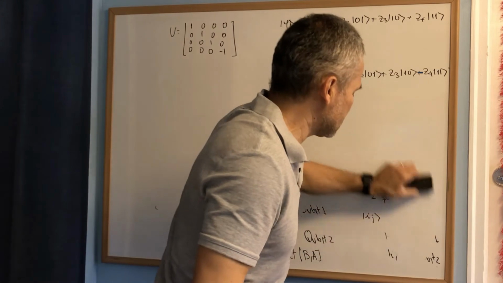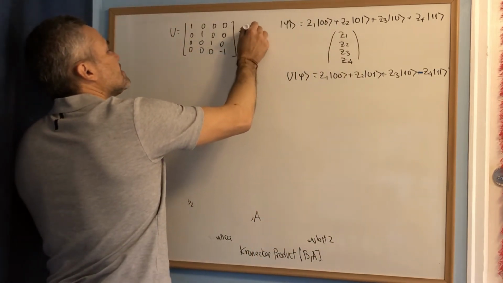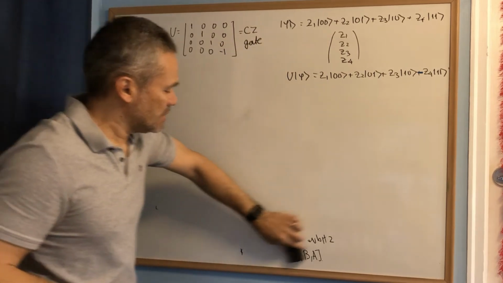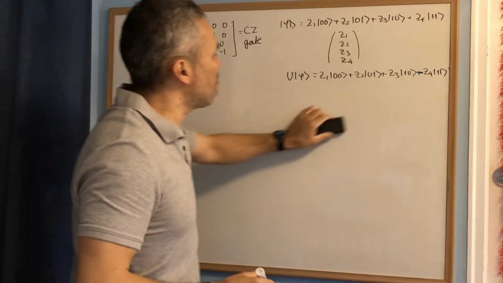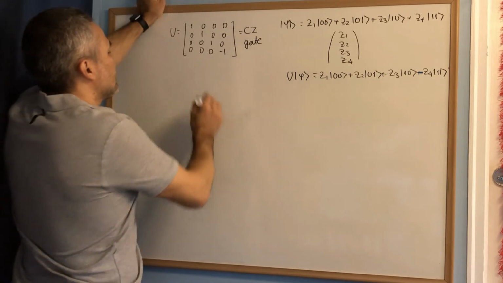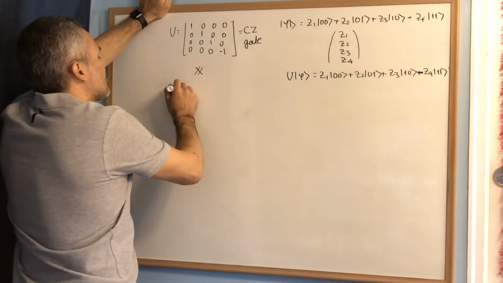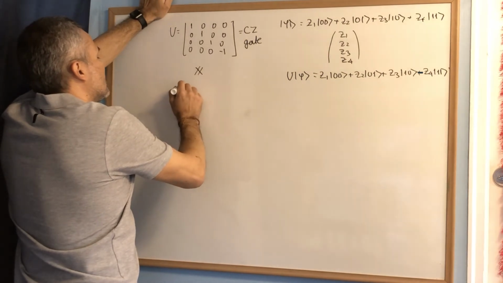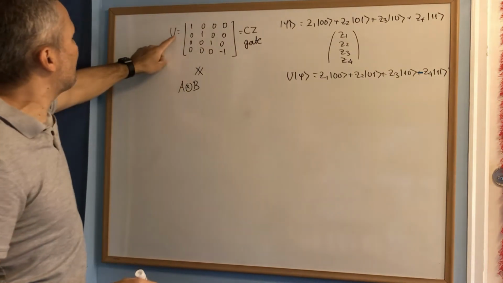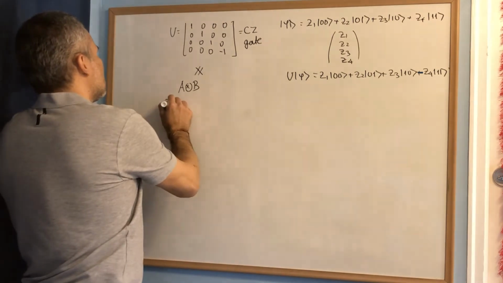This is an example, and it's a very well-known example. It's called the CZ gate, and something that can be shown about this example is that this gate doesn't come from a tensor product of two, let's say, it cannot be written as a tensor product of two 2x2 matrices.